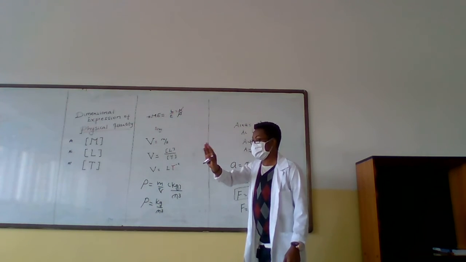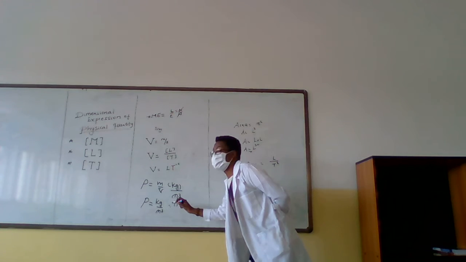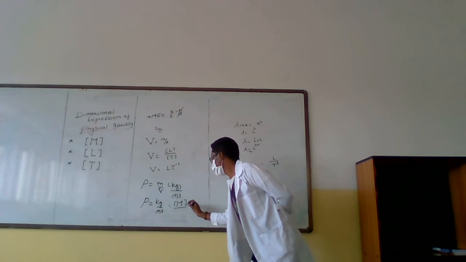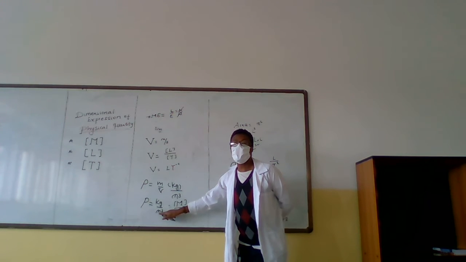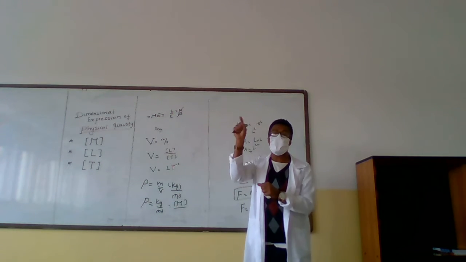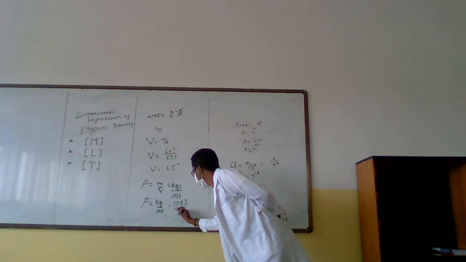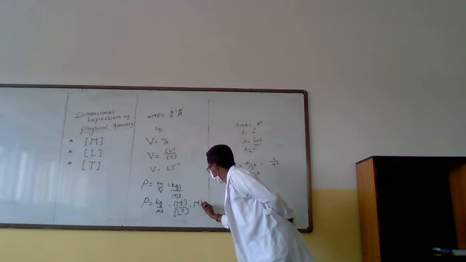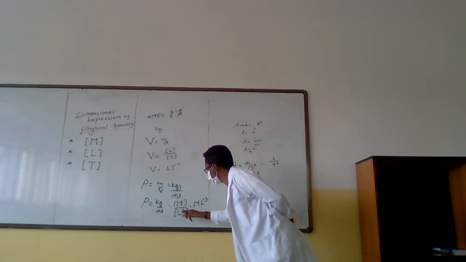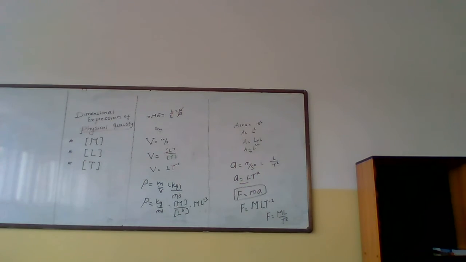Okay, so we have M over L cubed, because meter cube can be expressed by dimension L cubed. Or you can express it as M L minus 3. When it's together, it doesn't need brackets.